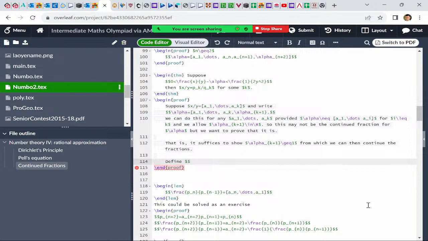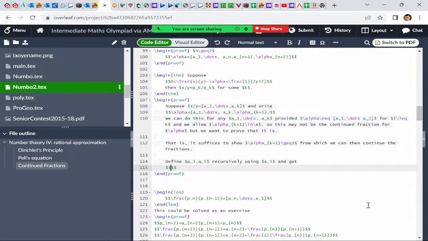So first you need the alpha k plus... wait, no. Okay, after you get the alpha k plus 1 thing, you need the recurrence.